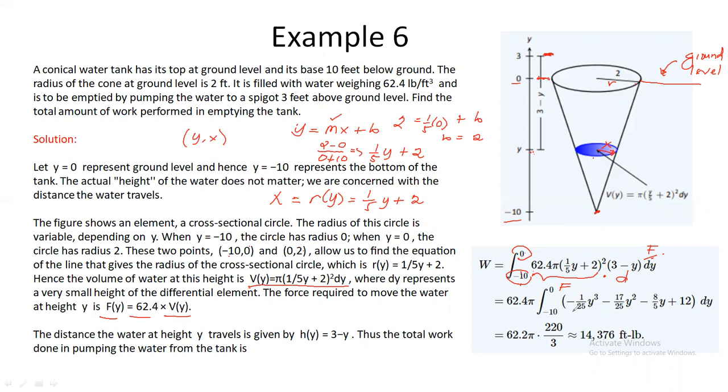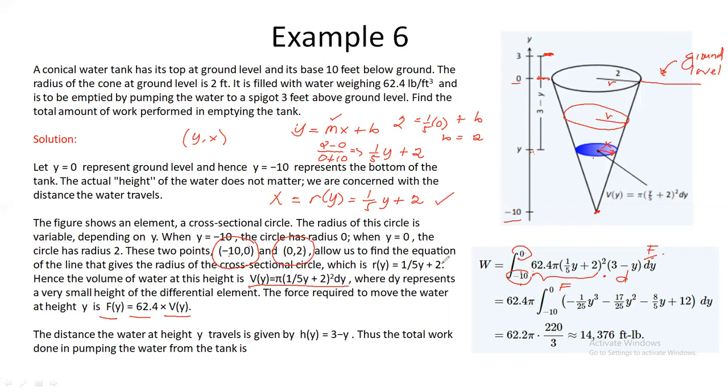The key in solving this problem, class, is in setting up these 2 points. And next is in making an equation relating the radius, which is x, to the y, the height of the water inside the tank. So at any particular height, this radius changes, because at this part here, for example, the radius here, of course, is bigger than the radius in here, which is smaller.